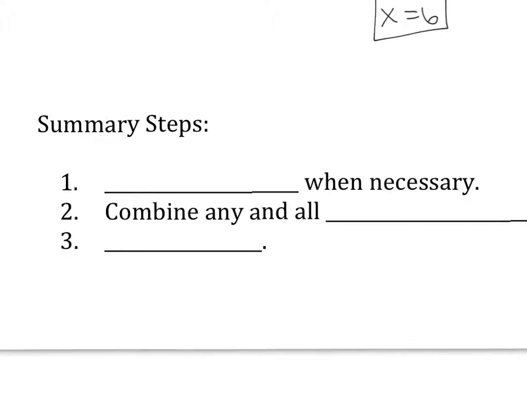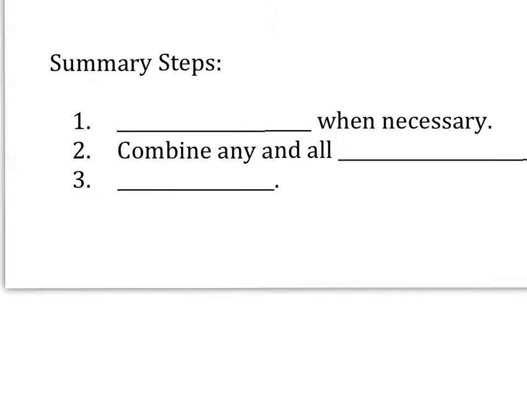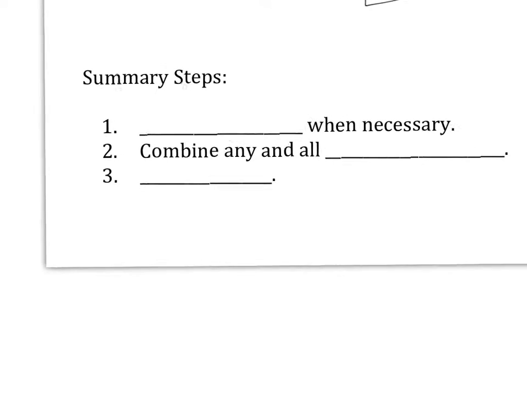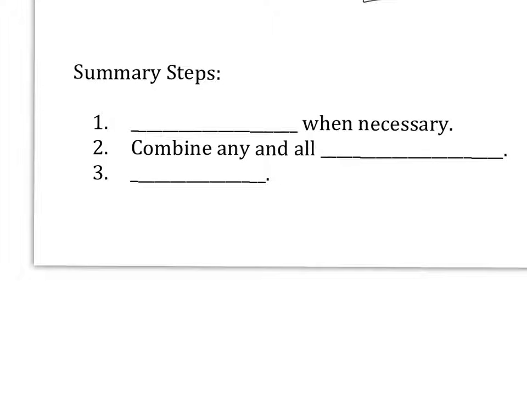Okay, so now to finish up at the bottom here, summary steps. Zoom out so we can see all of that. So let's look at filling in the blanks. Distribute when necessary. We want to always distribute when necessary.